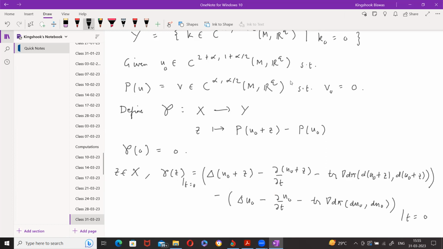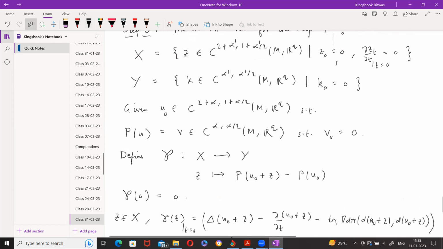Here the Laplacian of U naught plus Z, the Laplacian of U naught will cancel. I'll get the Laplacian of Z, but Z is an element of the Banach space X, where at time 0, Z naught is 0. So as a function of the space variable, it's 0, so its Laplacian is 0. So this Laplacian Z term will become 0.